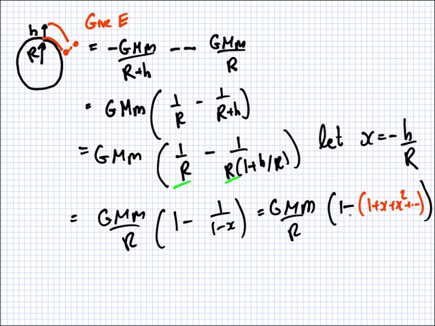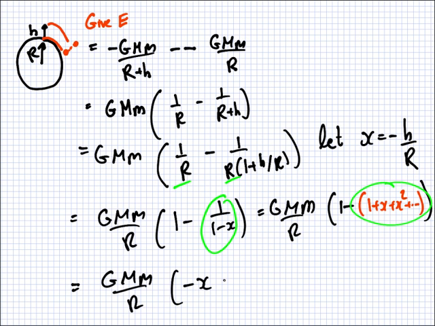You remember this from maths? It's the same as this. You did that in maths. So that's equal to GMm over R times 1 minus 1, minus x, squared and so on. But this is very small, isn't it?